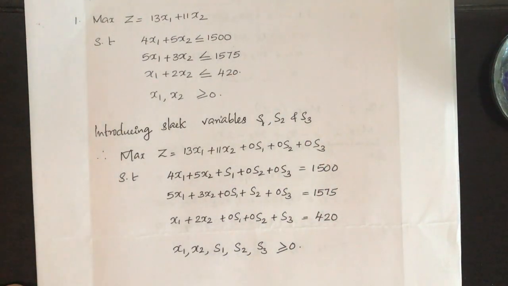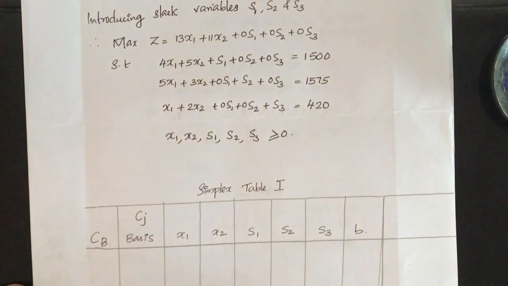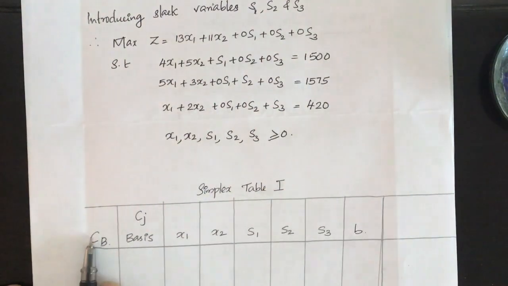For that we are going to construct simplex table 1, which has basis, x1, x2, s1, s2, s3, b is the constant term, and we need to write cost of base and Cj values here.